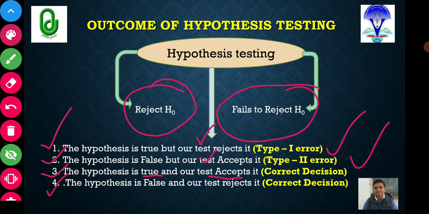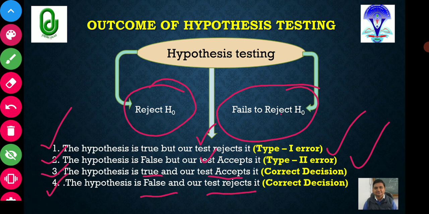The fourth possibility is that the hypothesis is false and our test rejects it. So, again it is a correct decision. That means the false null hypothesis is being rejected by our test. So, these are all four possibilities when we are testing a hypothesis with certain test criteria.